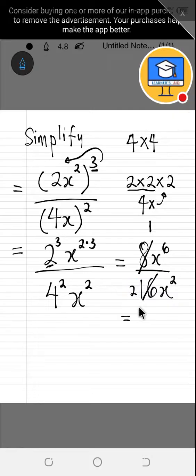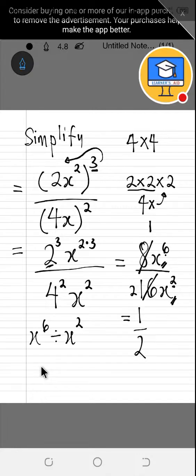So we have 1 on 2. But look at this. We have x to the power 6 and then x to the power 2. So it's more like x to the power 6 divided by x to the power 2.